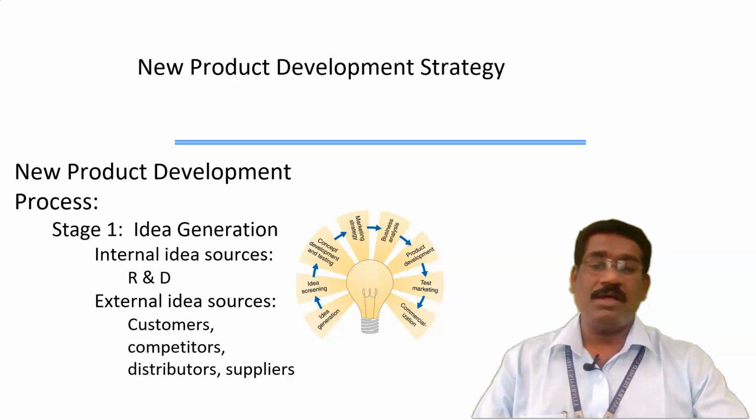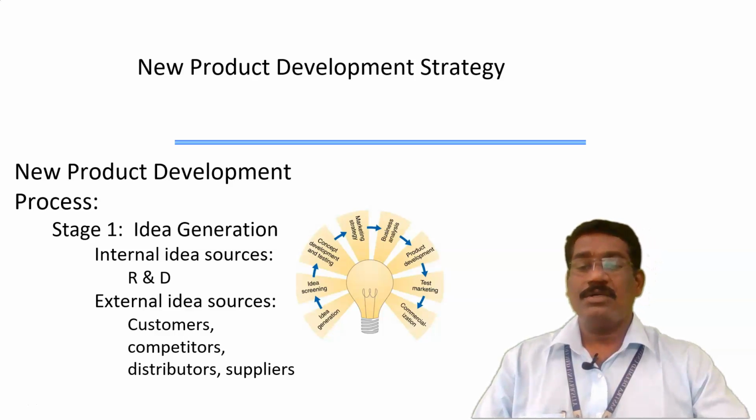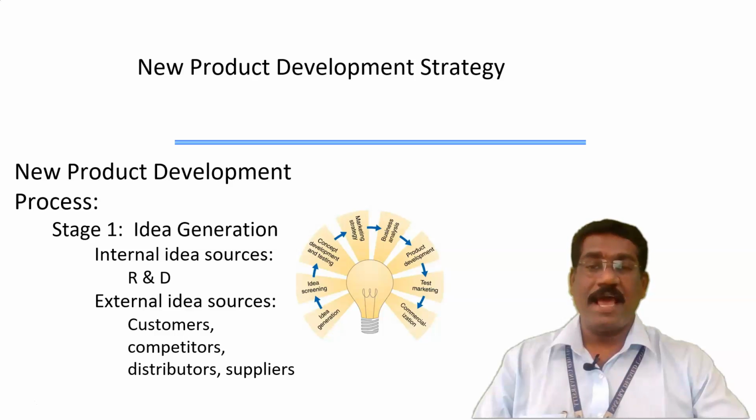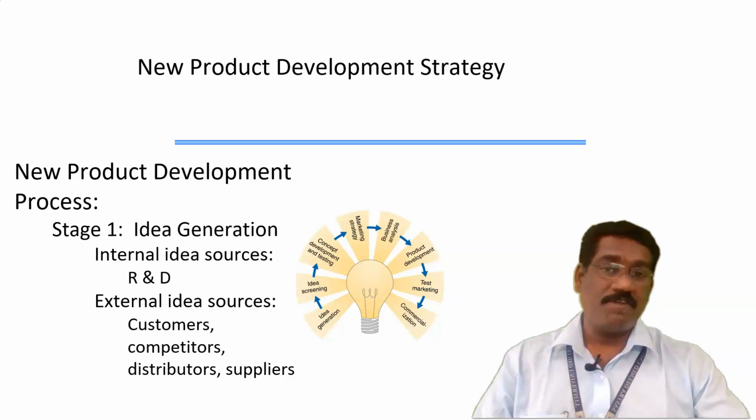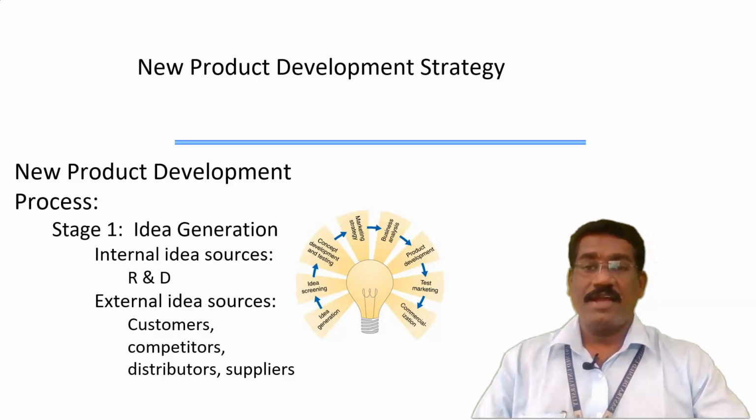For example, let us talk about the company called 3M. 40% of 3M employees' time is spent on R&D, research and development activity, and they try to develop new products. I can quote the example of cellophane tape.